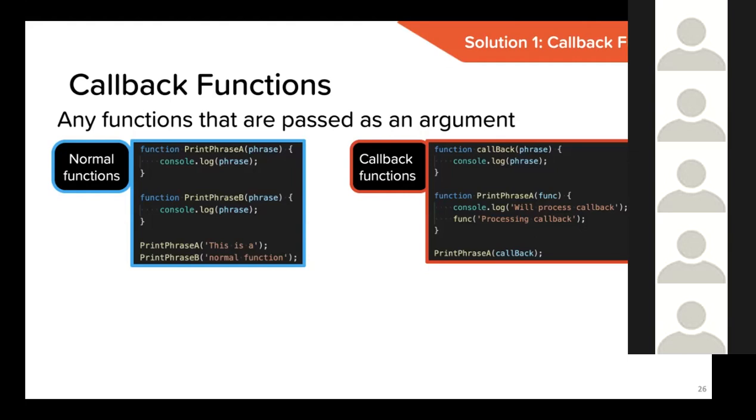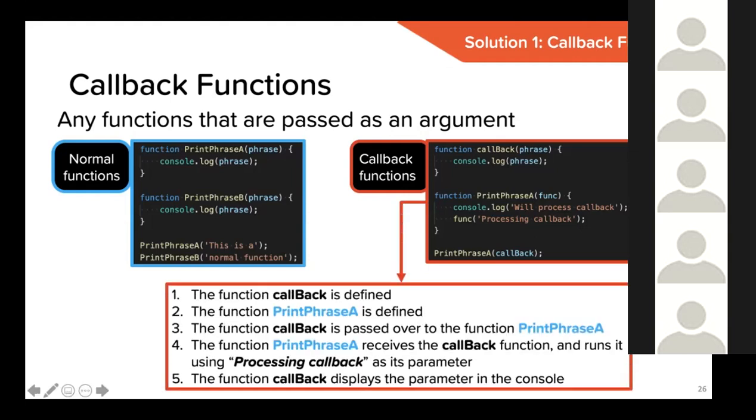And then as we're running print phrase A, we will execute callback at the appropriate place and time, where it says func processing callback. And processing callback will be the parameter passed into the function called callback.